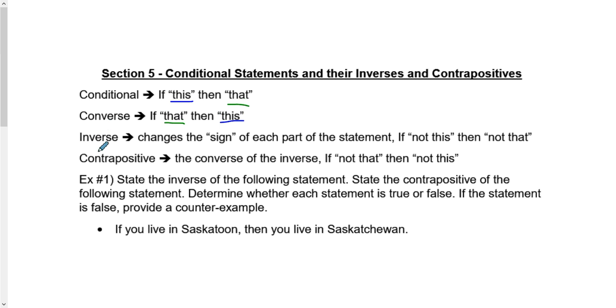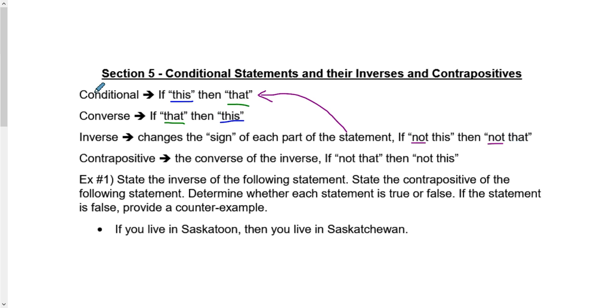Then we have the inverse and the contrapositive. So an inverse changes the sign of each part of the conditional statement. When I say sign, I'm meaning if the conditional statement is saying if this, then that, the inverse is saying if not this, then not that.